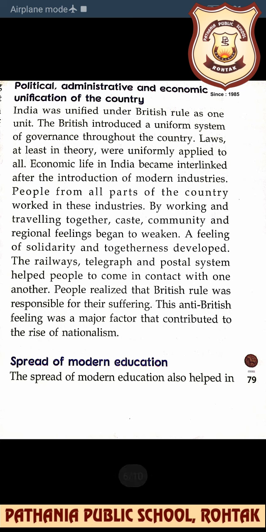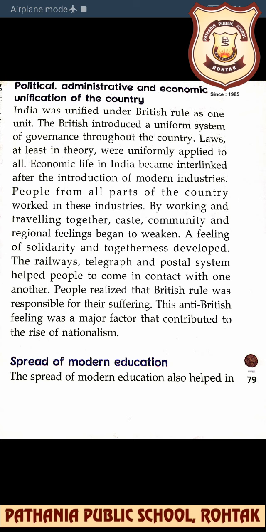If we talk about pre-British times, at that time India was divided into different princely states, or we can say there were different kingdoms in India. But under colonial rule, India was unified under British rule as one unit. There was a central administration. The British introduced a uniform system of governance throughout the country. Laws, at least in theory, were uniformly applied to all.